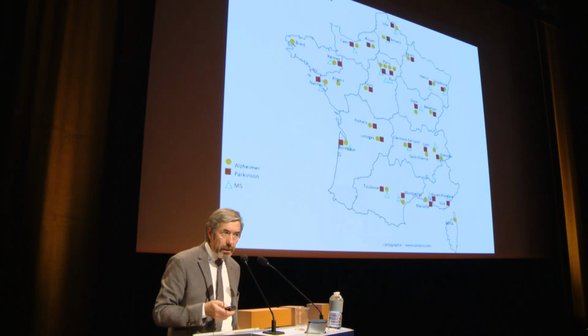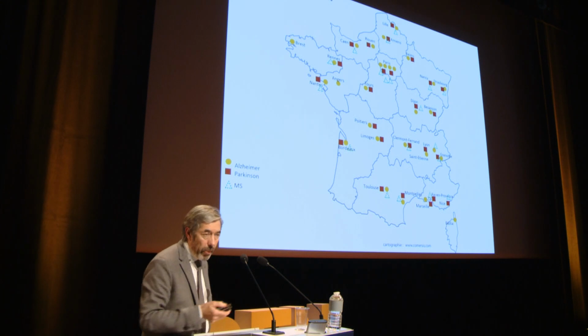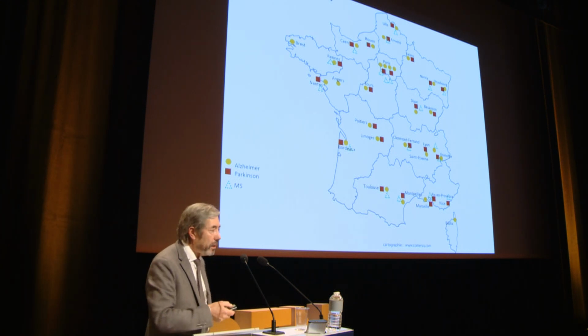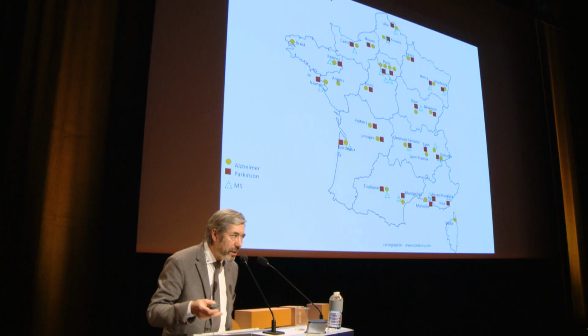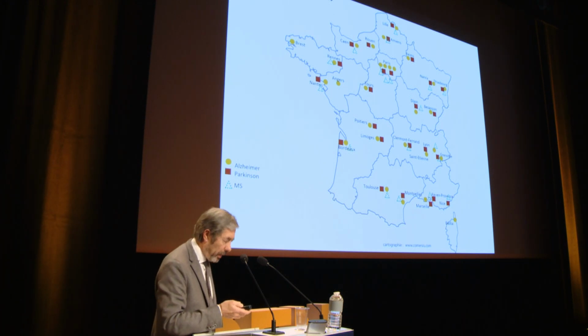What are exactly the consequences of this plan for multiple sclerosis? The majority of the national territory is covered by expert centers, and some are in progress of labelization for multiple sclerosis.